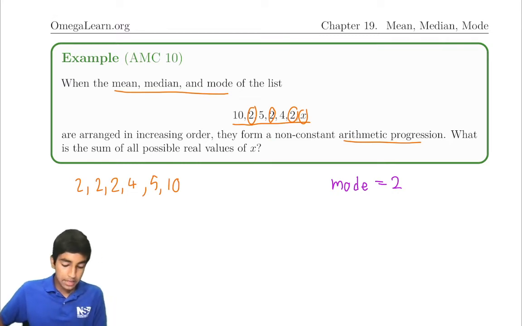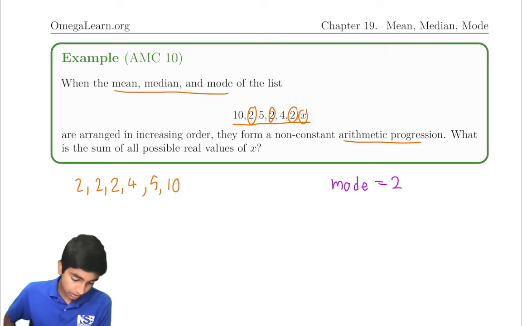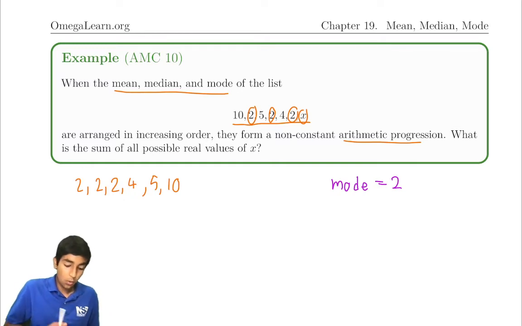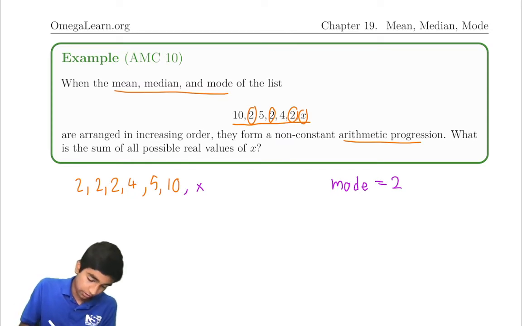Now, what about the median? Well, we don't know what that is because we don't know where x is. That will influence the median. Now, what about the mean? Well, the mean is just the sum divided by the number. There's 7 terms, as you can see here.